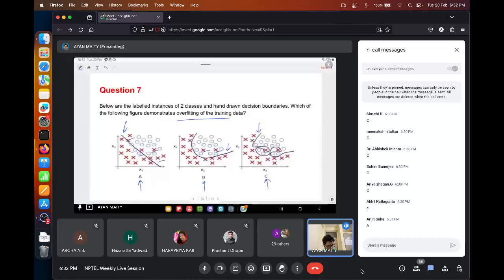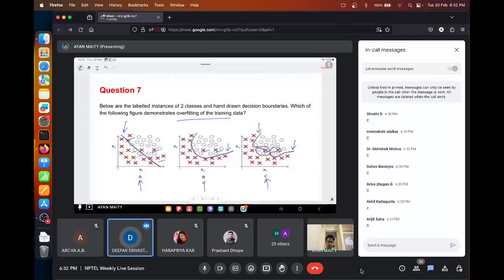That's why the decision boundary has become very complex. So option C is a case of overfitting: it tries to fit the training data too much, and in this process its accuracy on the test data might not be very good. It's also trying to model the noise and outlier points.